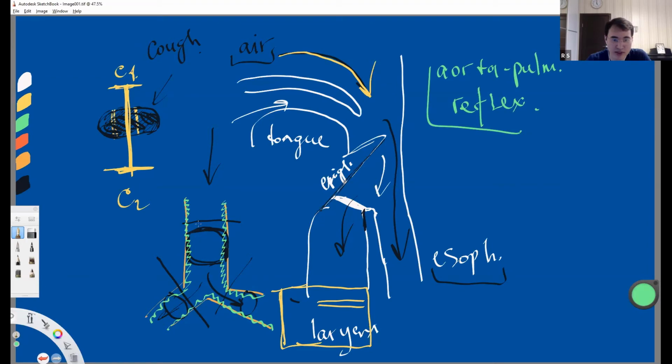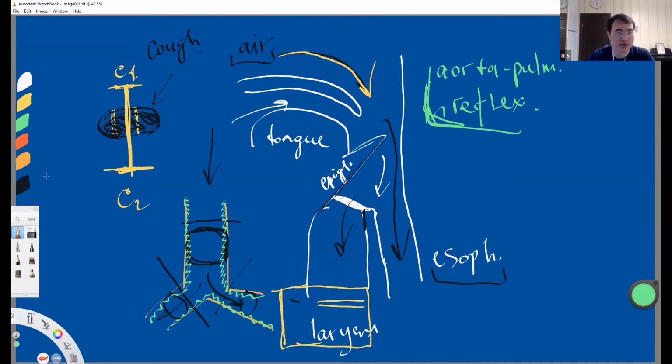So whenever something gets inside the trachea and bronchi, the receptors are being excited, and they cause this aorta pulmonary reflex. And the activation of this reflex leads to the stop of the conduction system.